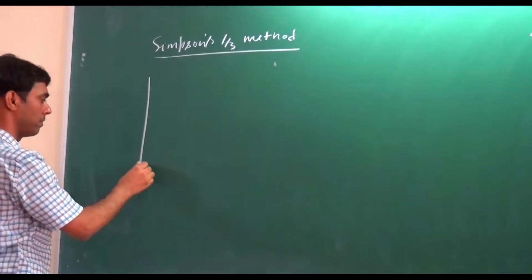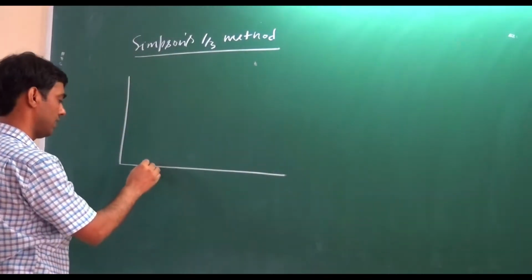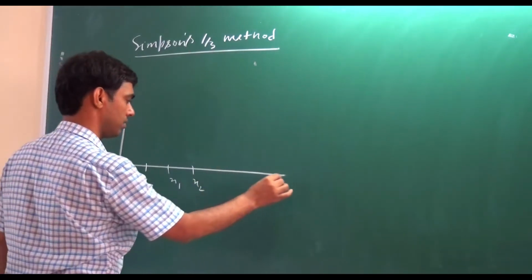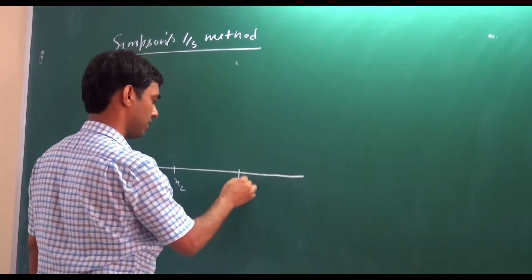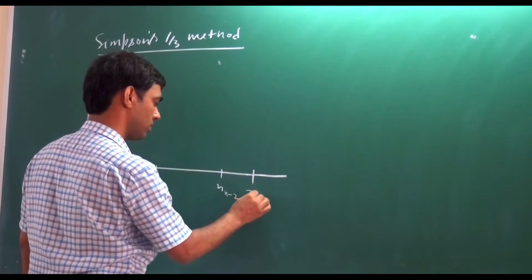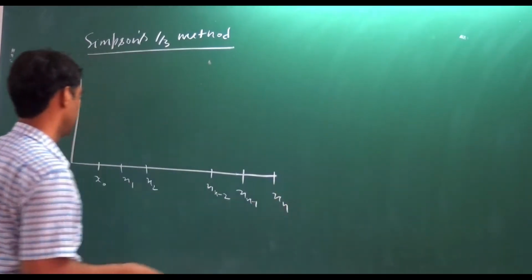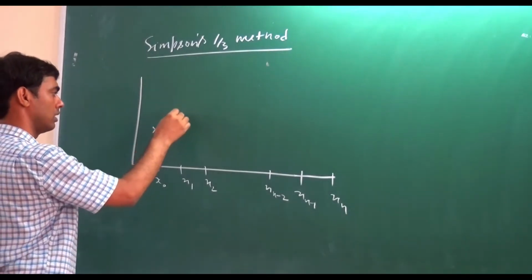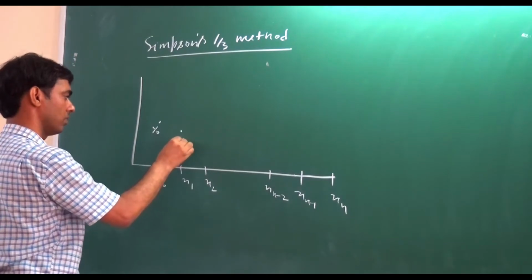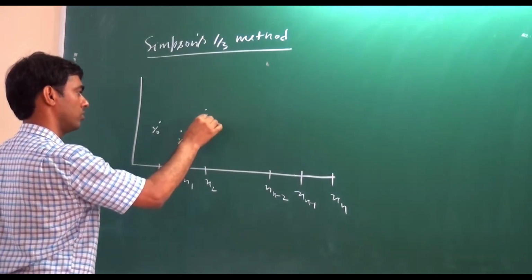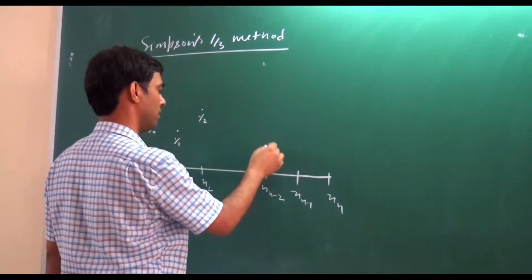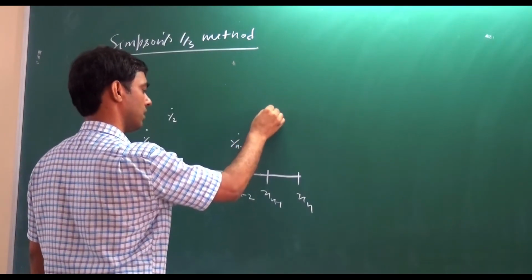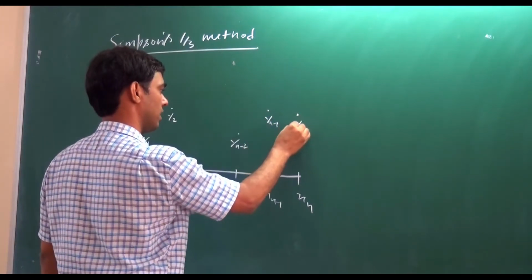Suppose we have n+1 ordinates, meaning on the x-axis x0, x1, x2, and similarly xn minus 2, xn minus 1, and xn, and the corresponding values of the function y0, y1, y2, and in a similar manner yn minus 2, yn minus 1, and yn.